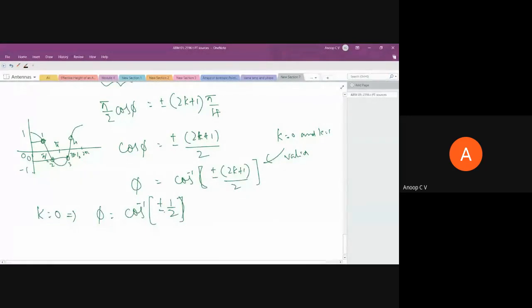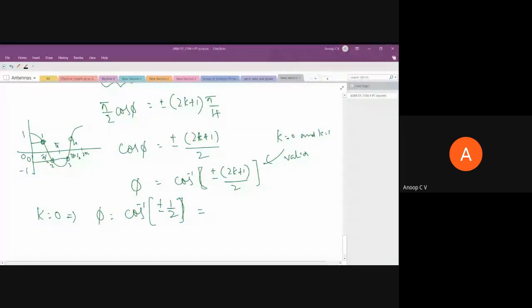So for which values of phi do we have cos phi equal to 1 by 2? Can you tell me what these values are? I think it's similar to what we did yesterday. Which are these angles? Cos inverse of plus 1 by 2 and cos inverse of minus 1 by 2. Please tell me. Pi by 3 and plus or minus pi by 3?